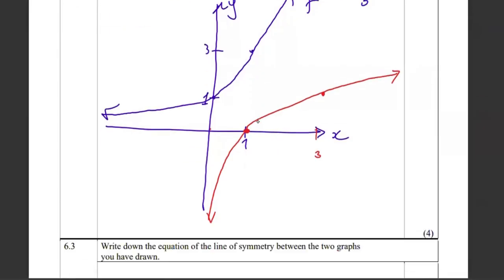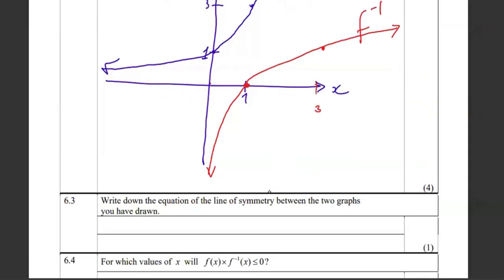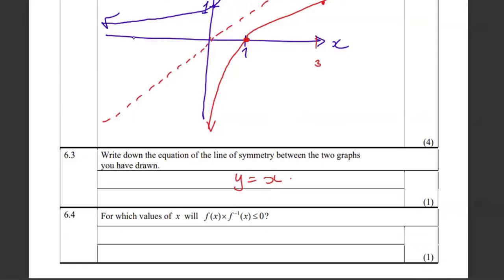We are saying this is the inverse. Okay, then write down the equation of the line of symmetry between the two graphs. So the line, remember, an inverse function is basically a graph that is being reflected about the line y is equal to x.